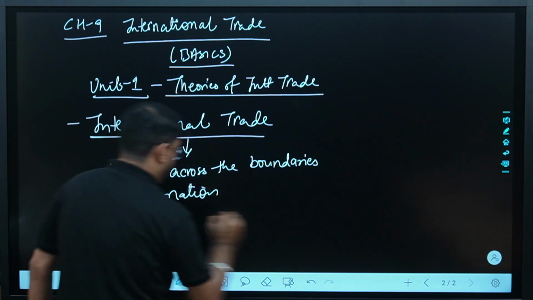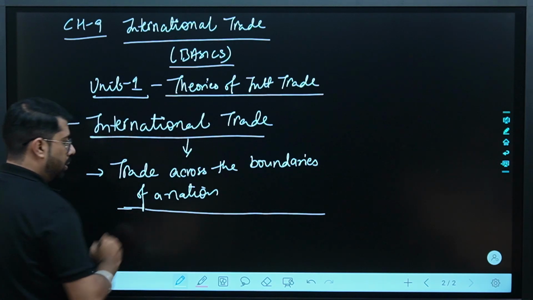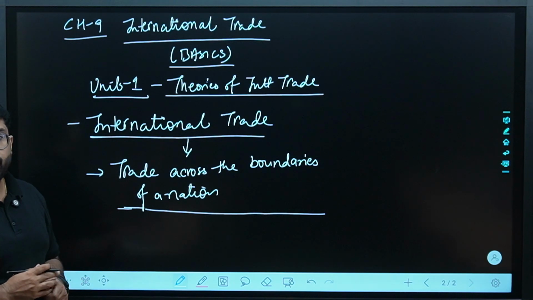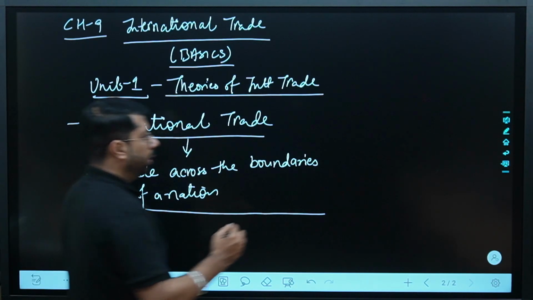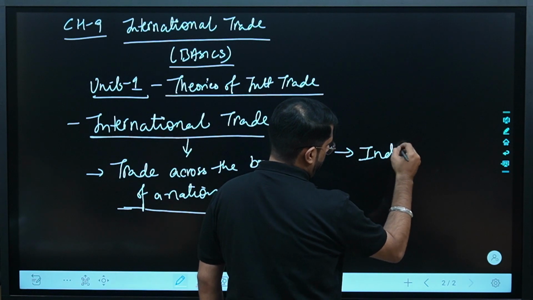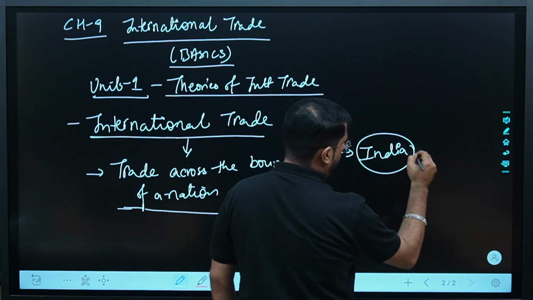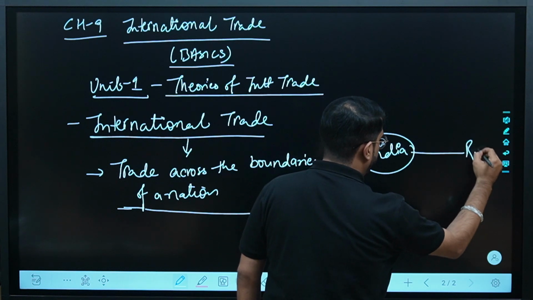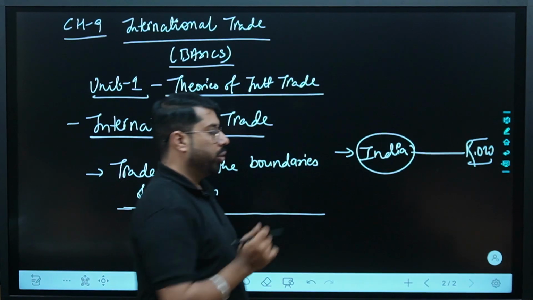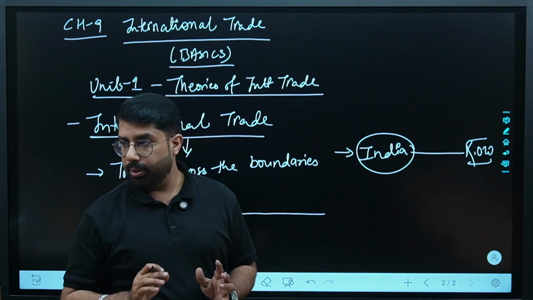So, when we are trading across the boundaries of a nation, that is what we call international trade. Or we can say when India will trade with rest of the world, this trade is what we call international trade. Are we clear?